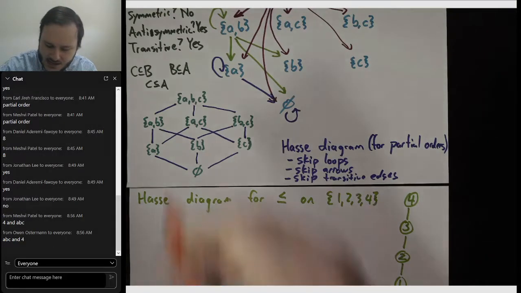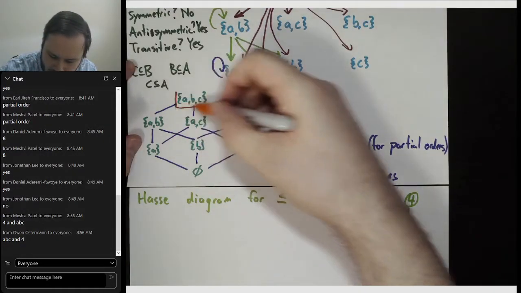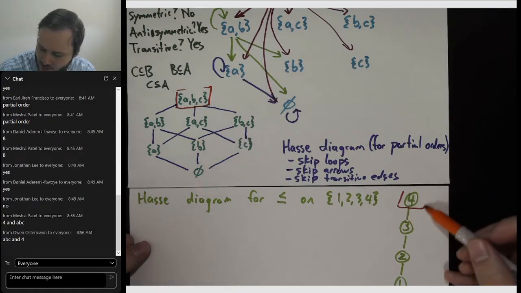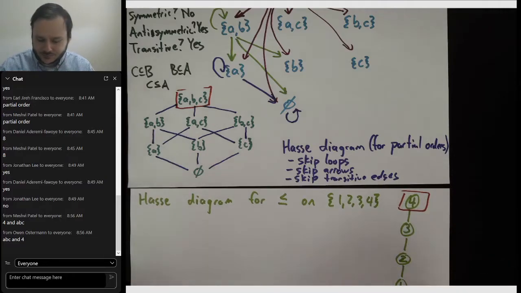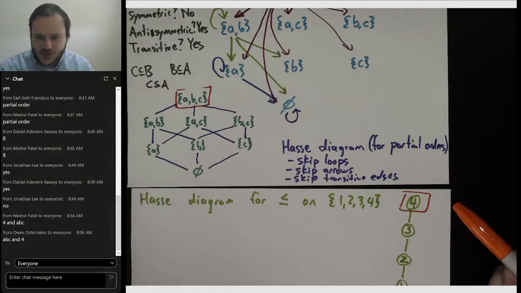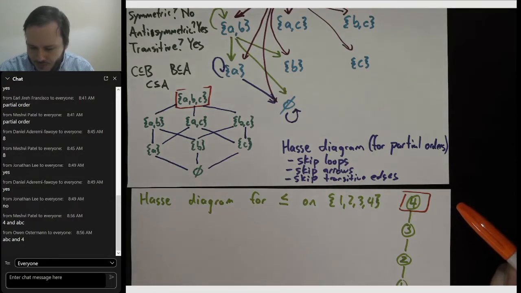Yeah, right? ABC should be a maximal element. 4 should be a maximal element. The Hasse diagram makes it really nice. The maximal elements should be at the top. That's where they should be.